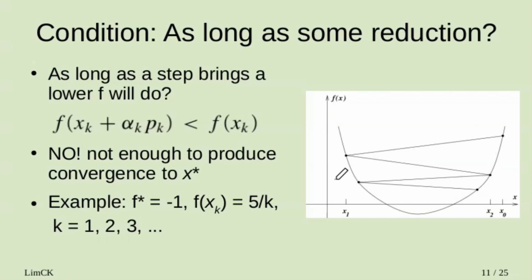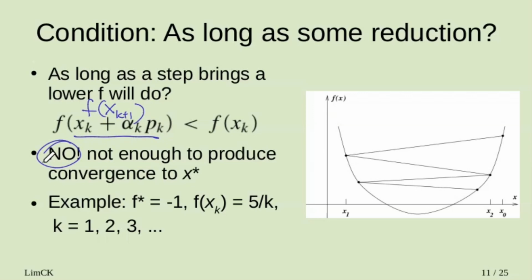Actually not. What I mean here is, if the step length chosen at xk leads you to xk plus 1, as long as f of xk plus 1 is less than f of xk, can this alpha be used? No, actually not, because there are two reasons.